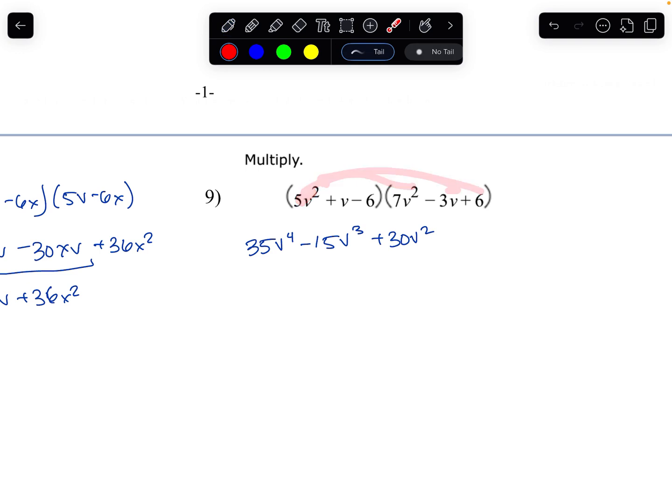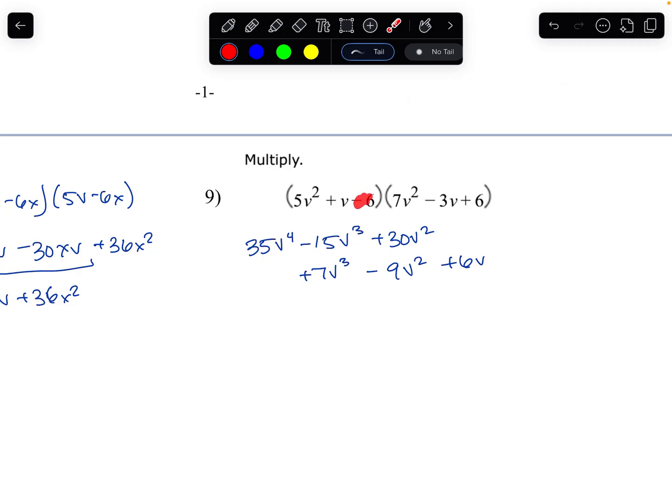Now I'm going to multiply v by all 3 terms here. That's going to be plus 7v to the 3rd. Notice how when I multiply these together, I get a 3rd degree. So I'm going to start stacking it underneath this column of numbers. And then v times negative 3v is going to be negative 9v squared. And then plus 6v. So I'm just stacking numbers that are like terms.